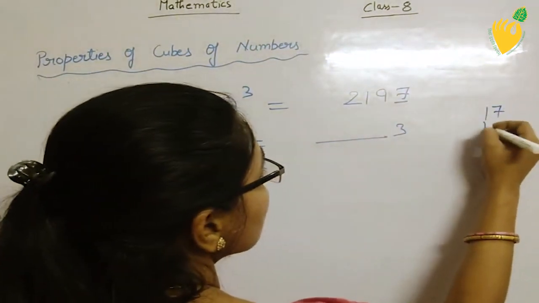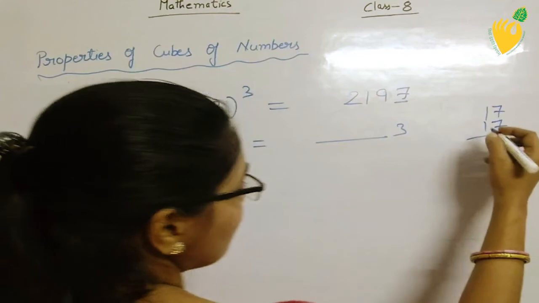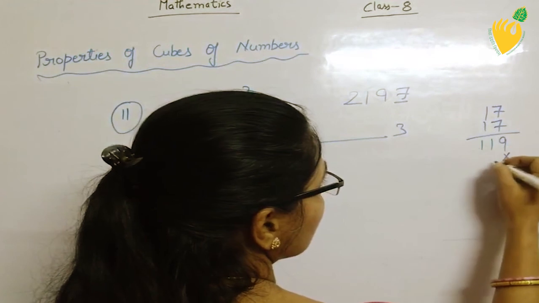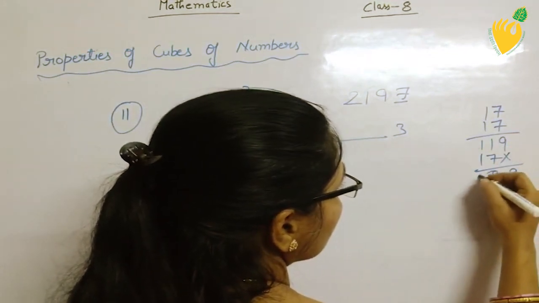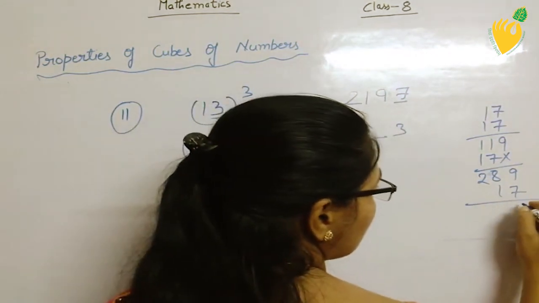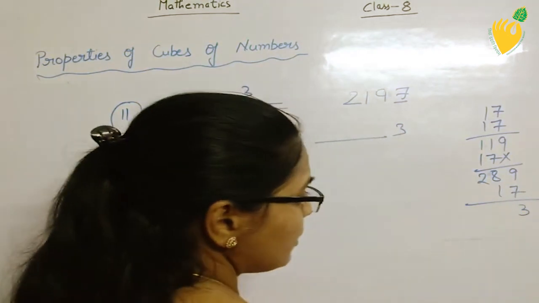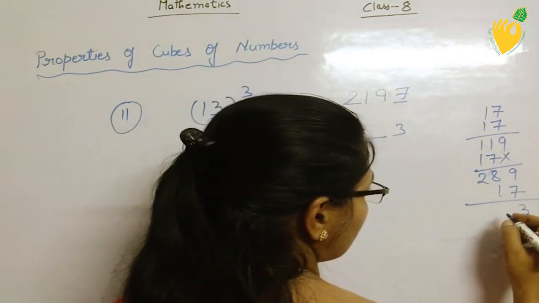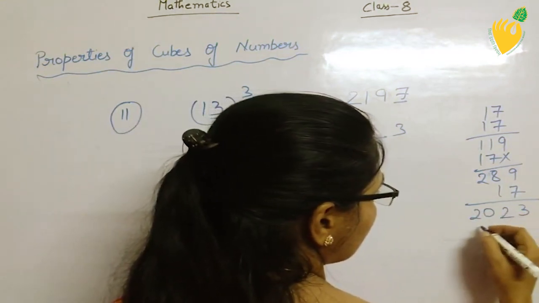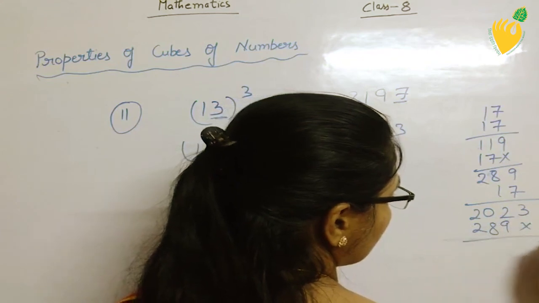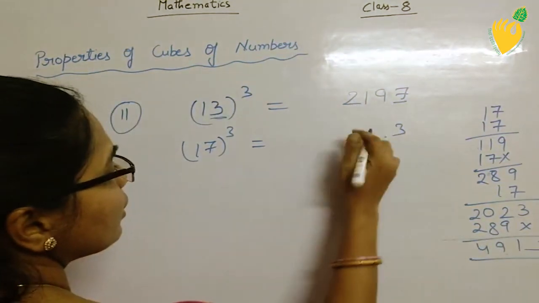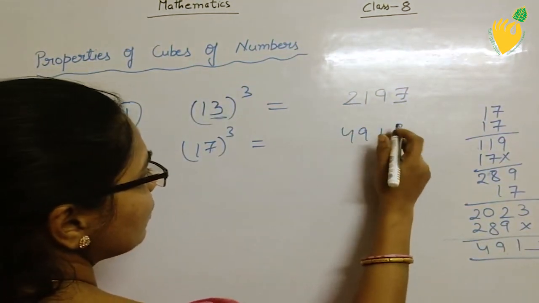See how? 17 into 17 is 289, multiplied by 17 gives 4913.